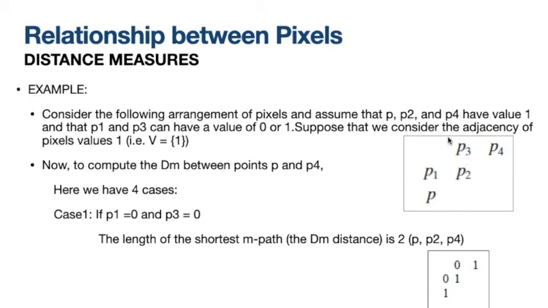Case 1: P1 is equal to 0 and P3 is equal to 0. This will be the arrangement of pixels. Then the length of the shortest m-path, that is Dm distance, will be equal to 2, that is P, P2, P4.